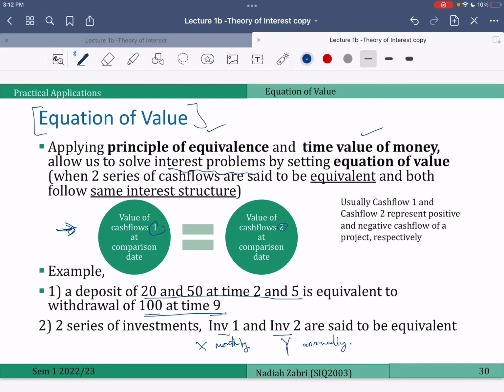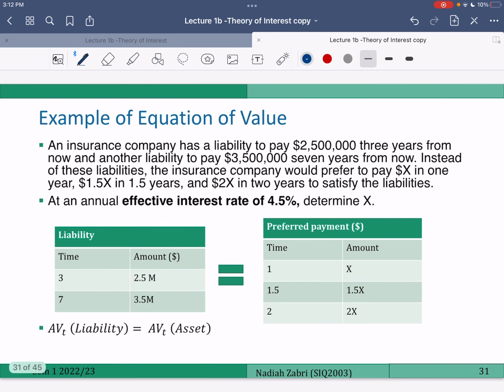Okay, so this is an example of an equation of value. We say we have this liability. This liability is due at time 4, and the amount is 2.5 million, and time 7 at 3.5 million.